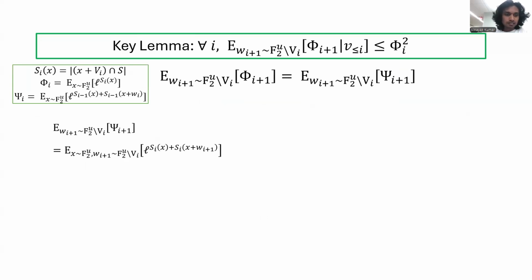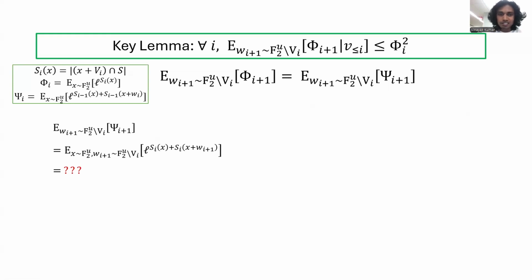But now I'm stuck. I don't really know how to work with this quantity anymore. In fact, what's very annoying is that x and w are averaged over different terms, and this is preventing me from using its symmetry. If w was also over all of F2 to the u, we could simplify this a lot.